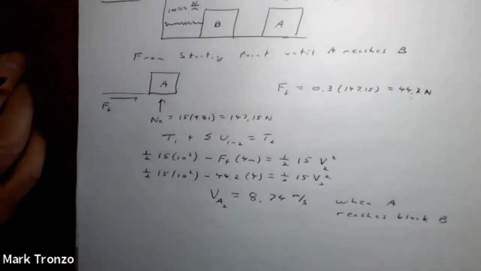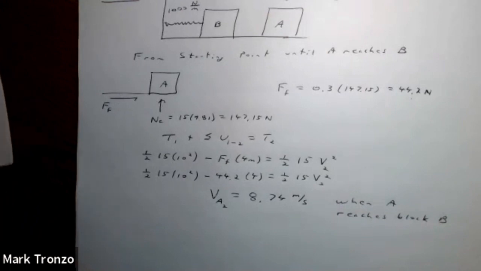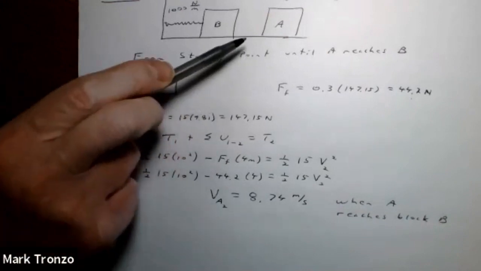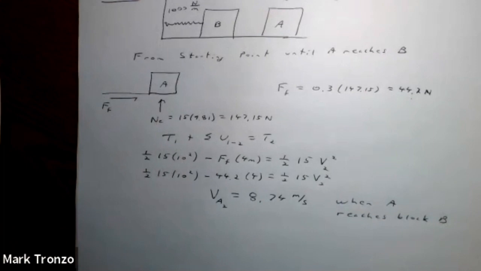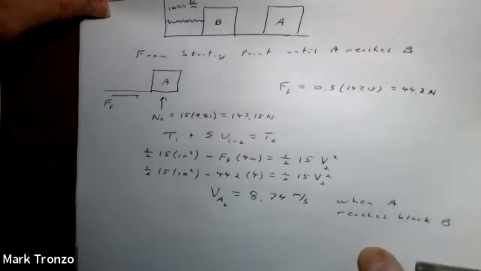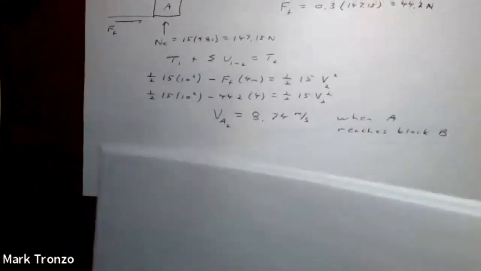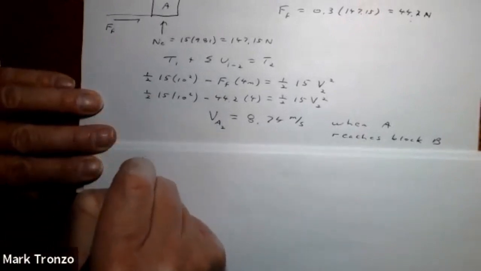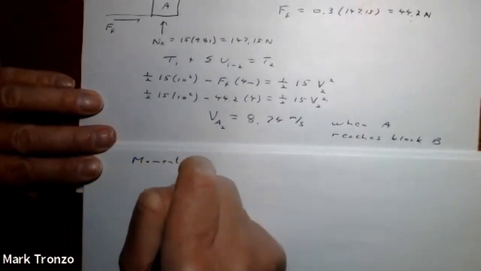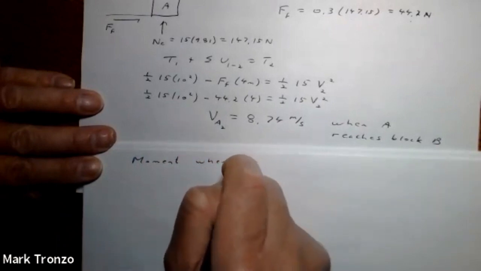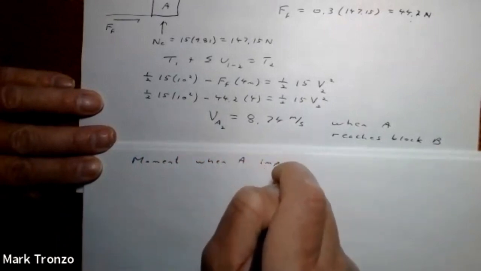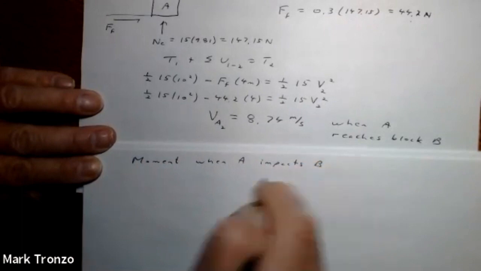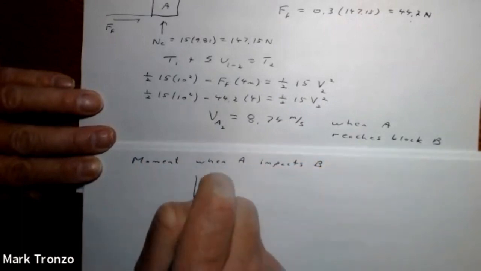So we're going to have that. That's the first step for when it goes from where it starts to B. Then next, we're going to find the impact. So this is going to be the moment when A impacts B. So they come together at this point.